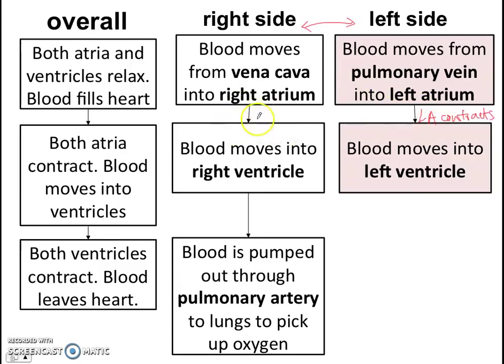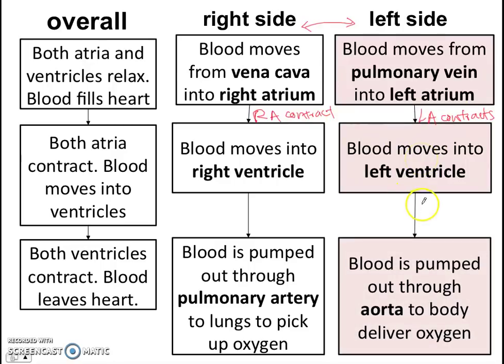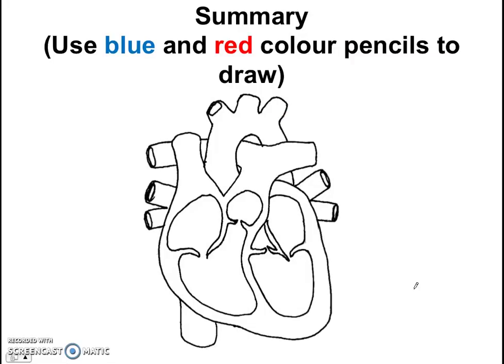And at the same time, on the right side, the right atrium is contracting. So on the left side, when the left atrium contracts, blood will move into the left ventricle. And then the left ventricle will contract, and then blood will be pumped out through the aorta to the rest of the body.